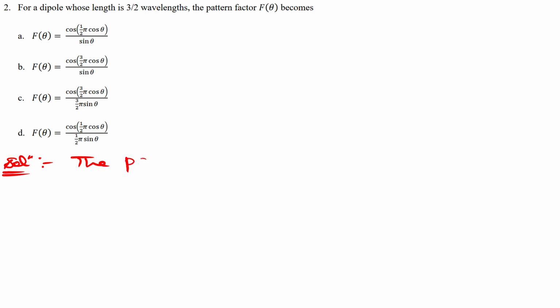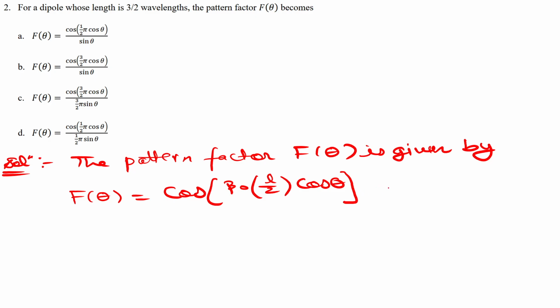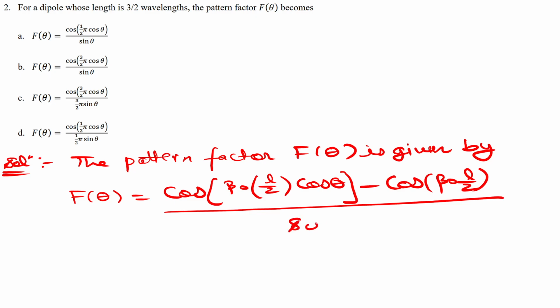The pattern factor, that is f theta, is given by cos of beta naught L by 2 cos theta minus cos of beta naught L by 2, divided by sin theta. So this is the formula for the pattern factor for a dipole.